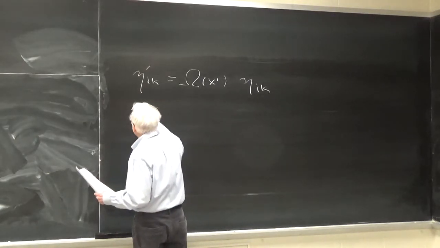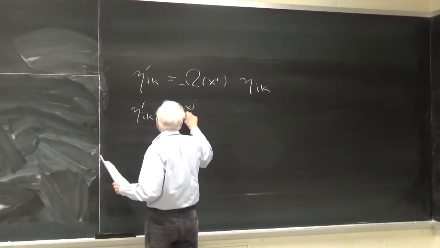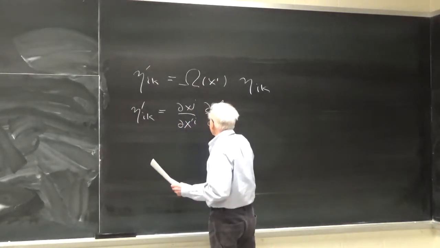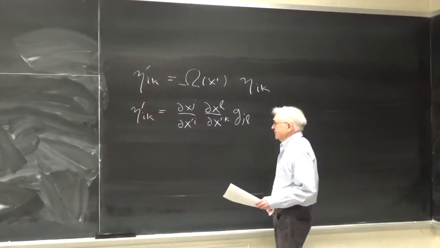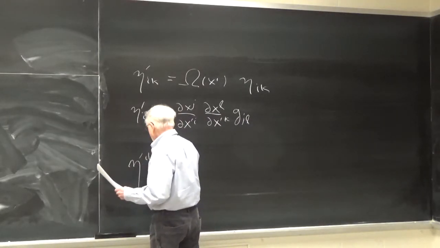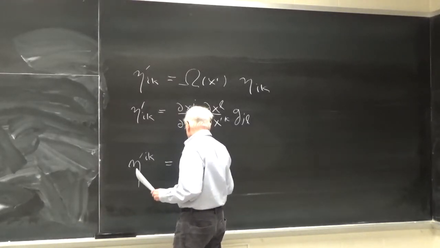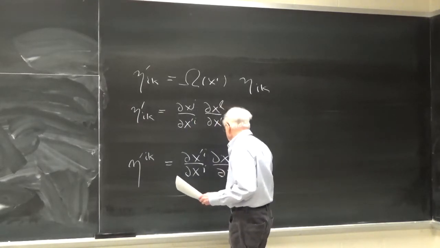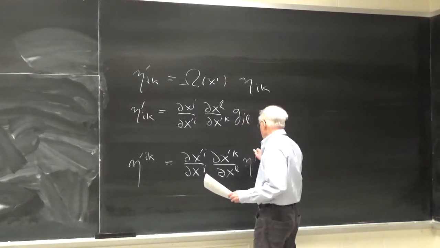On the other hand, metrics transform this way: partial x^j, partial x'^i, partial x^l, partial x'^k, g_jl. And the inverse metric, of course, transforms the other way. Eta prime ik is partial x'^i, partial x^j, partial x'^k, partial x^l, eta_jl.